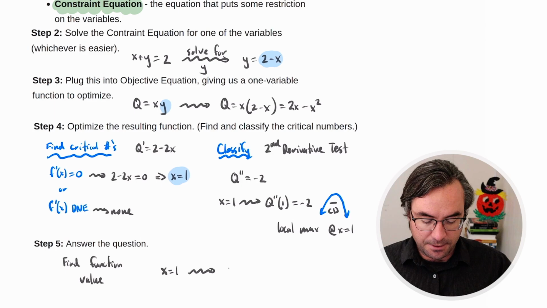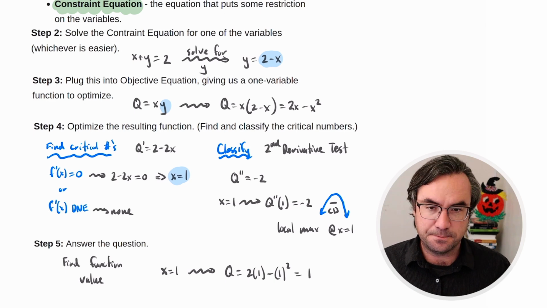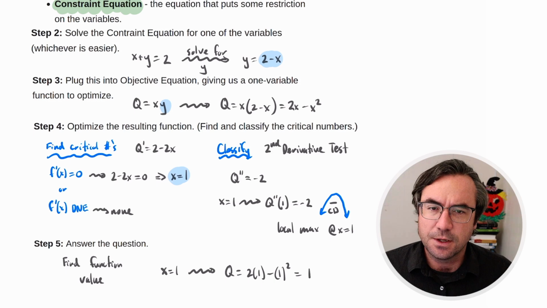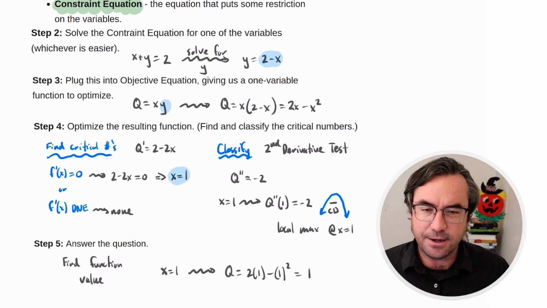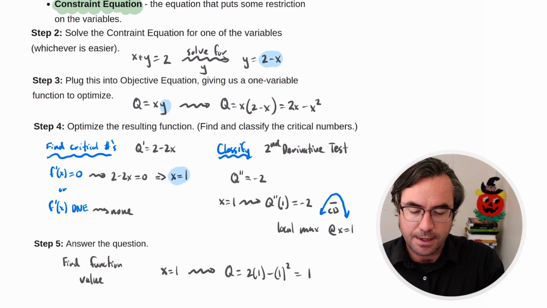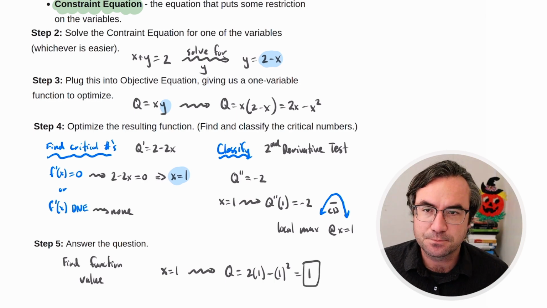If we plug in there, we're going to get q is equal to 2 times 1 minus 1 squared, which is equal to 1. All right. So that's the idea with these constrained optimization problems. And our answer here is this q value of 1.